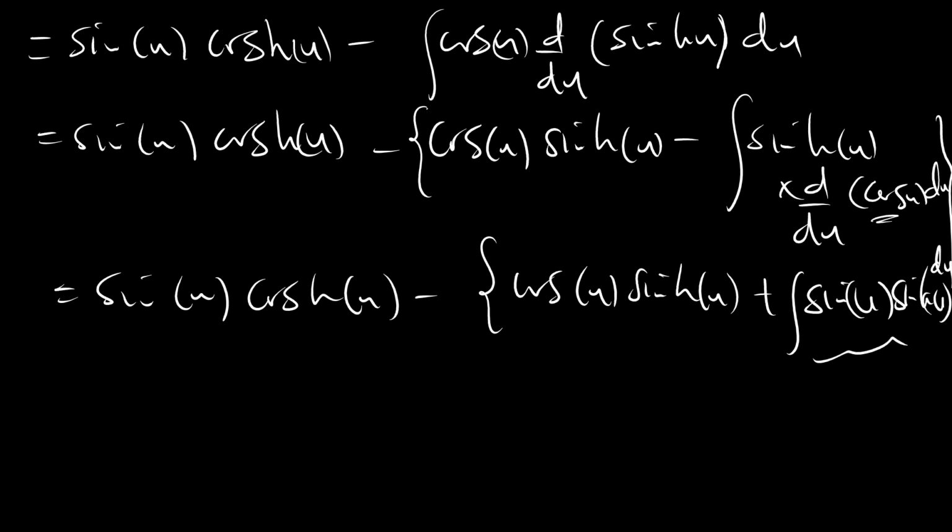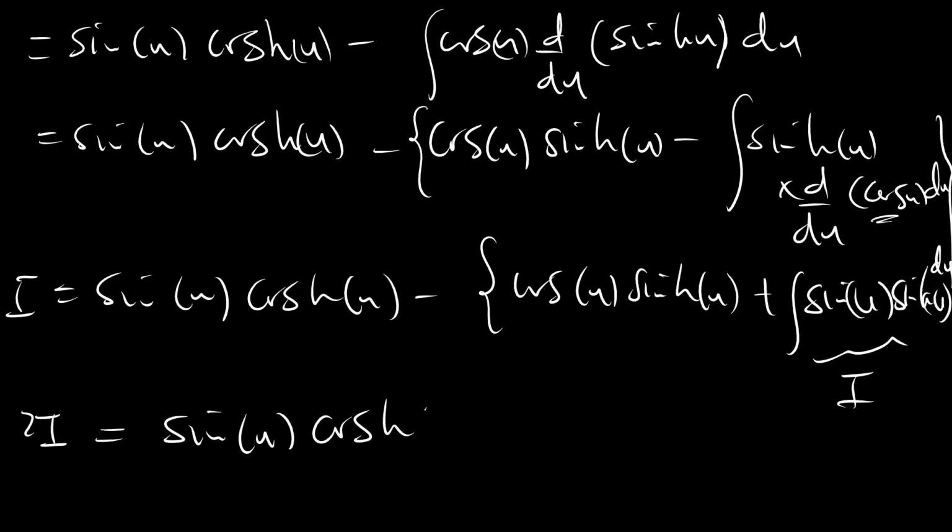And this here becomes the same integral we have on the left hand side. So we bring it back here, we have 2I equals sine of u cosh of u minus cosine of u sinh of u.